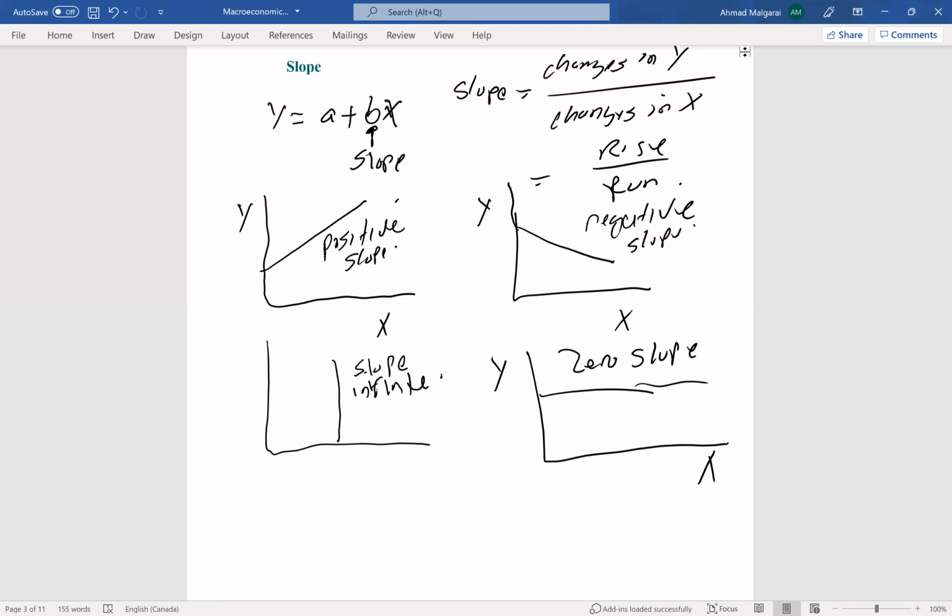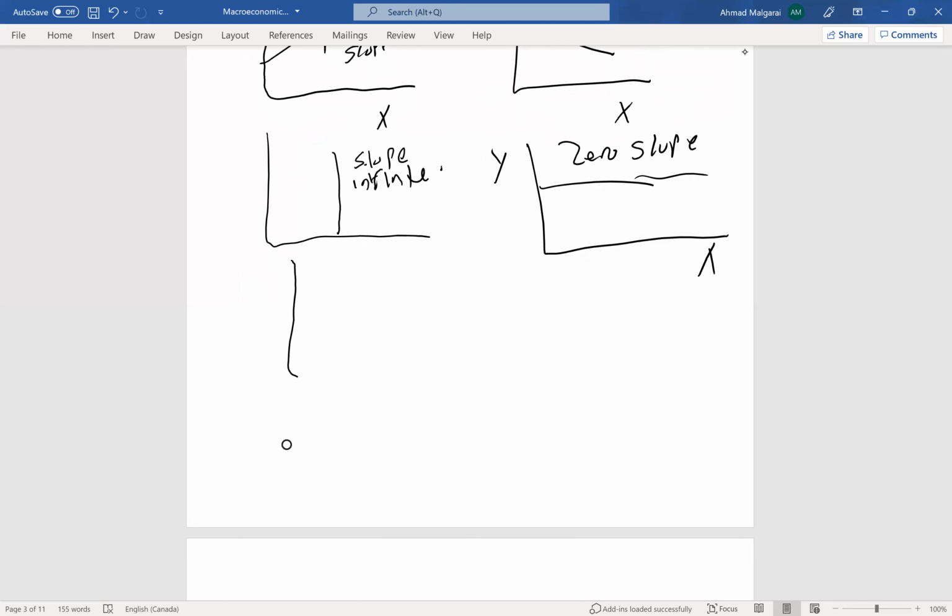And also we mentioned that with y and x, we have parallel slopes. So we're going to go through all of these.